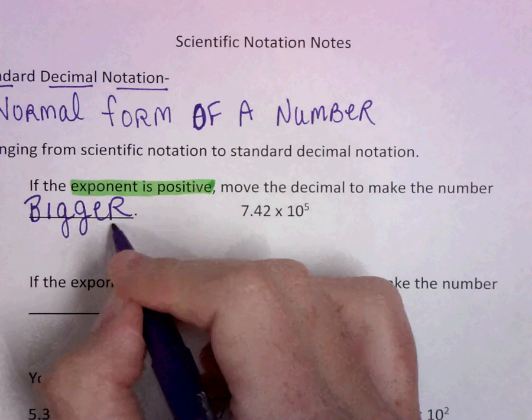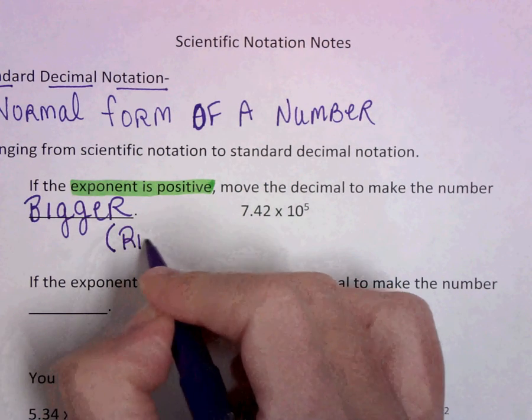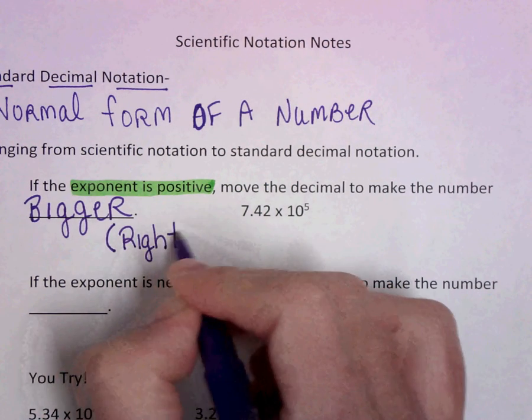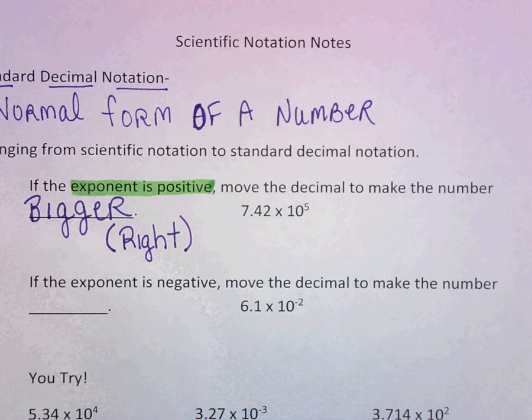Now, that means we move the decimal to the right. But a lot of times we get confused about left and right. So if you just think a positive exponent means something is getting bigger, that makes it a little bit easier.